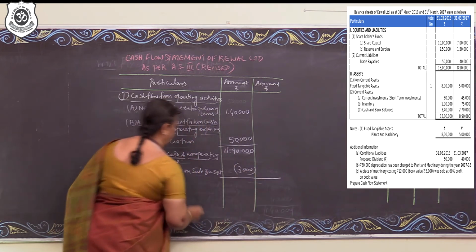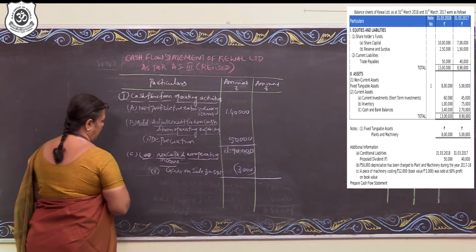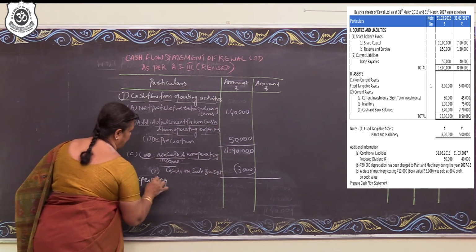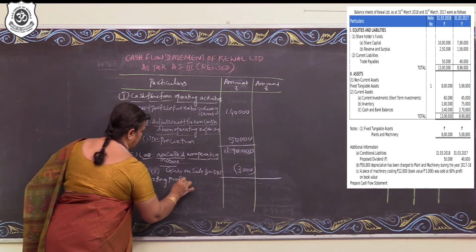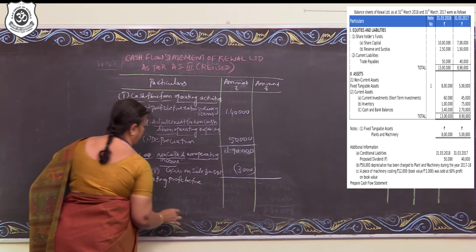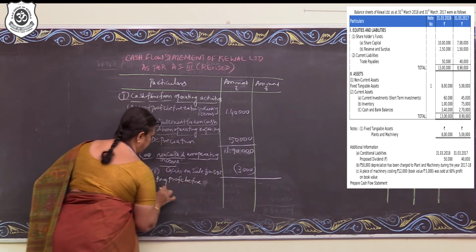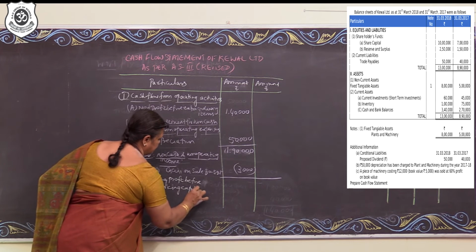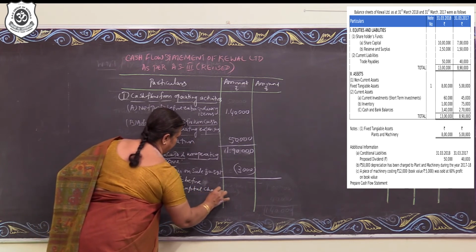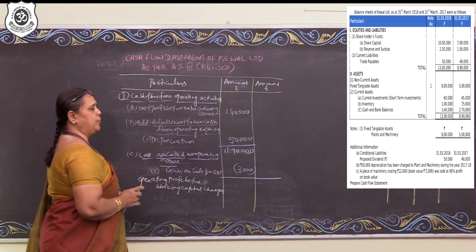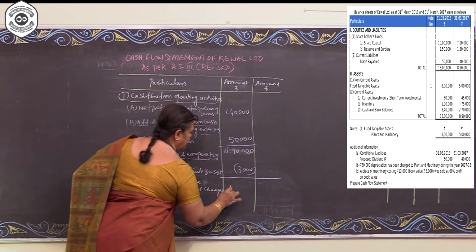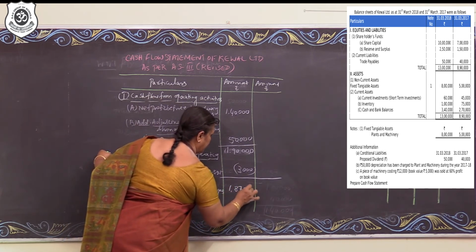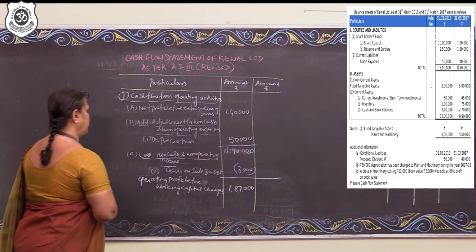So, you get operating profit before working capital changes to be 1,87,000. This is going to be D.